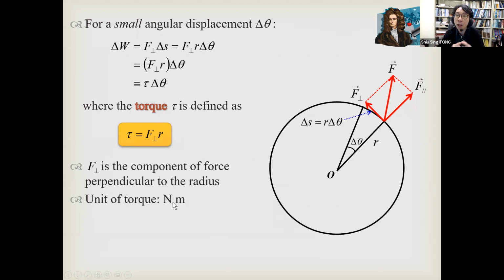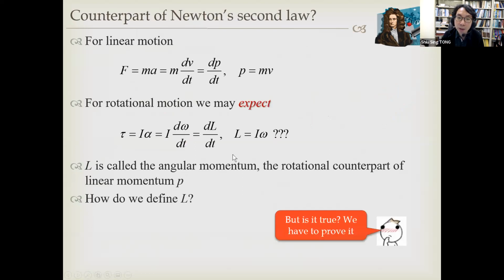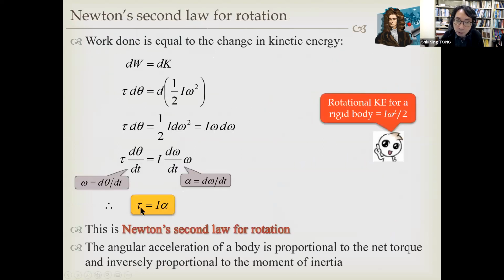Now, in the next lecture, we will derive the equation of motion, Newton's second law in a rotational form, using this torque, and we will find exactly what we expect. We will find that the torque is equal to the moment of inertia multiplied by the angular acceleration, just like Newton's second law.